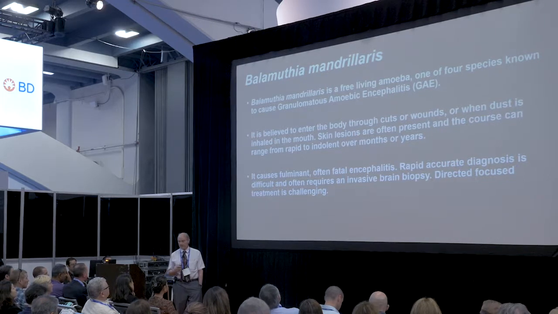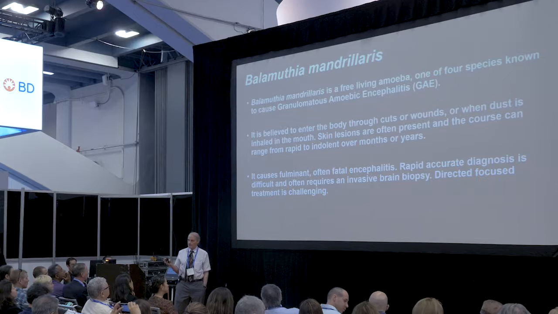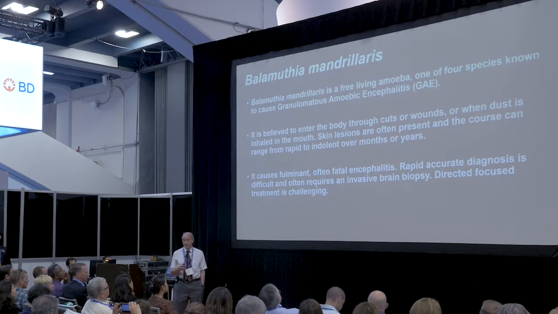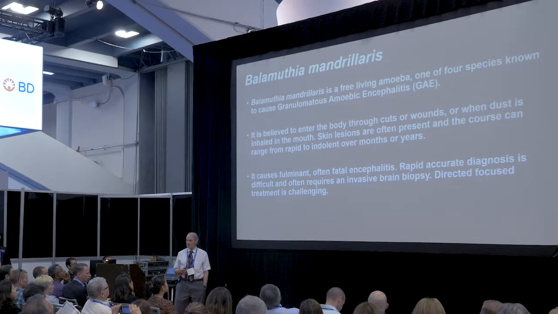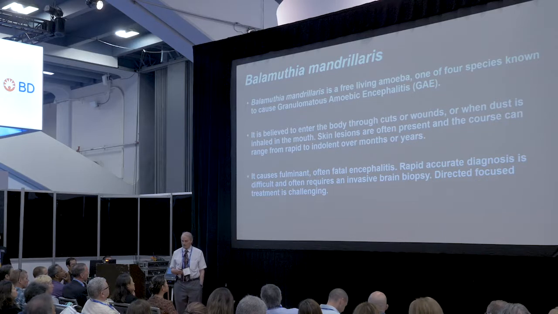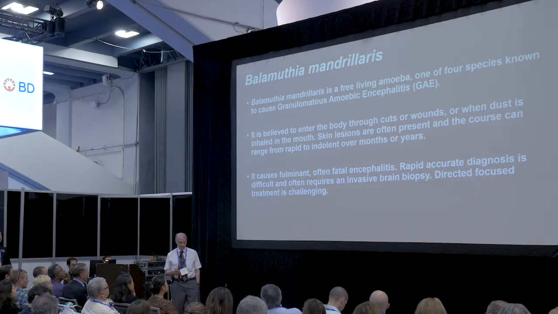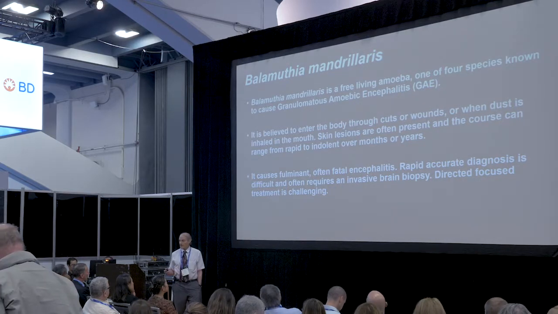In terms of the encephalopathy or encephalitis, it's generally fairly rapid, progressive, and fatal. There have only, I think, been 6 or 7 cases as of 2017 that have survived with treatment. And part of the reason is obvious.